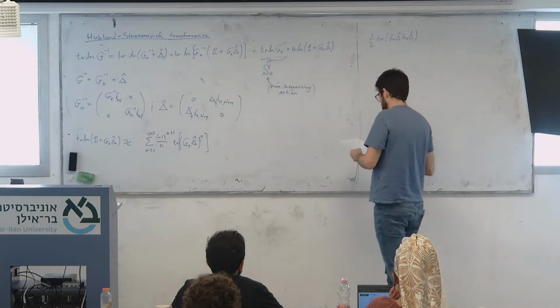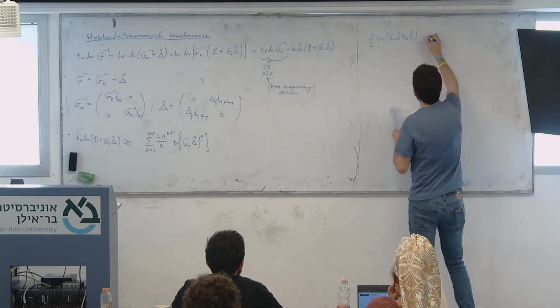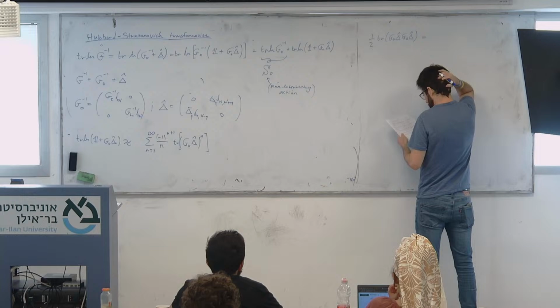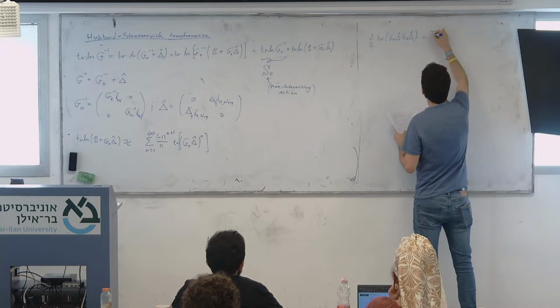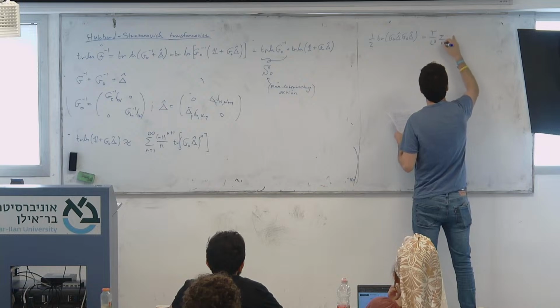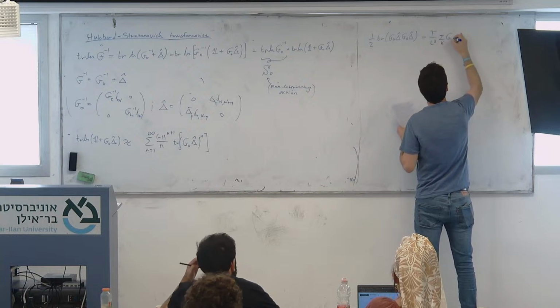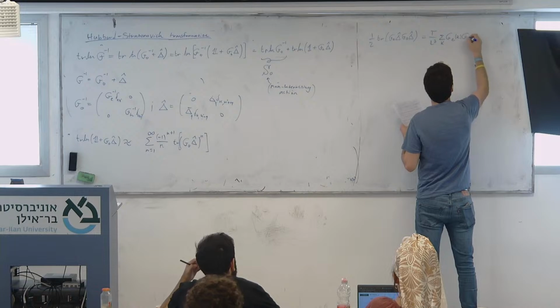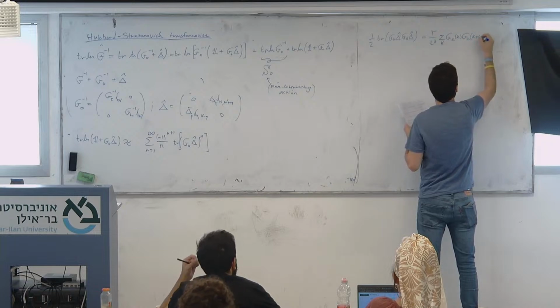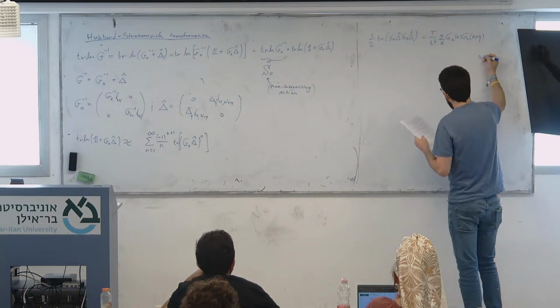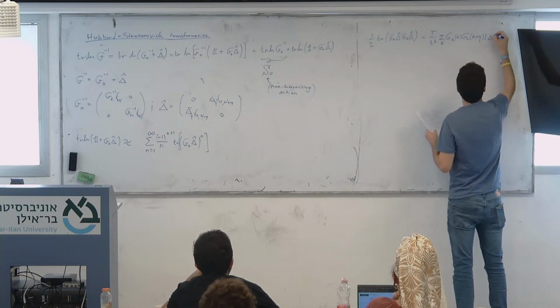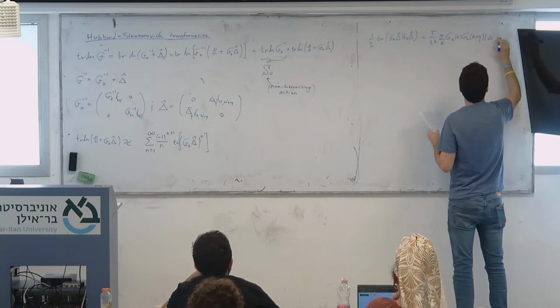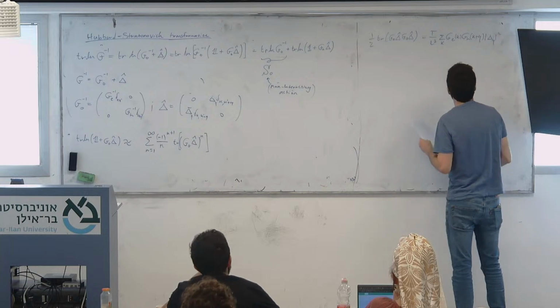So basically what we get from this expression is just T over L cubed, that I also don't have too much time to explain, G electron of K, G hole of K plus Q, times delta of Q squared.